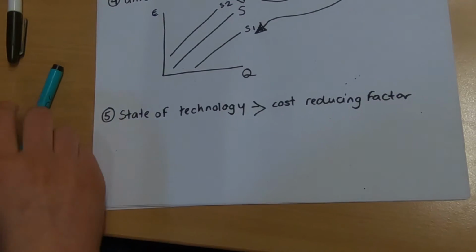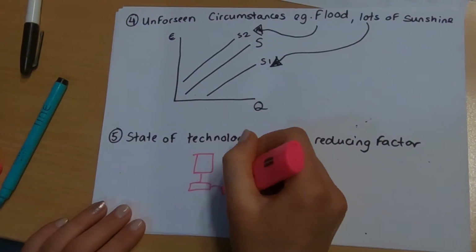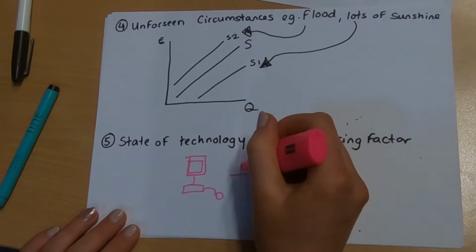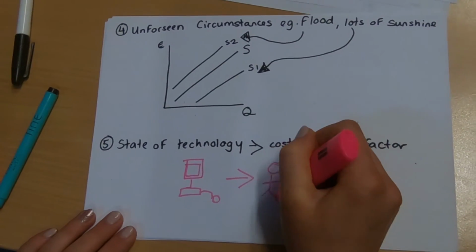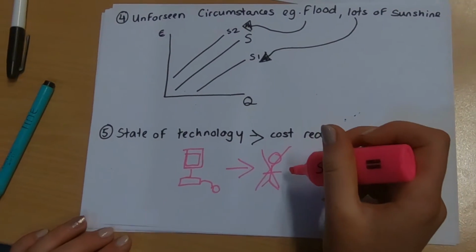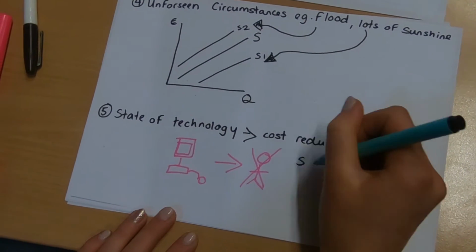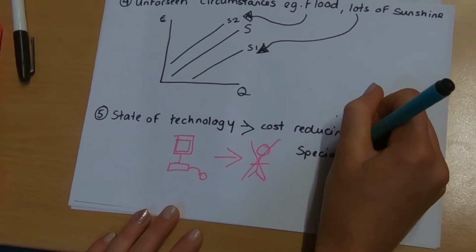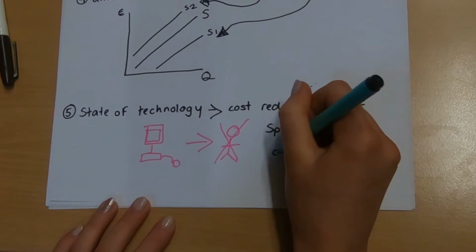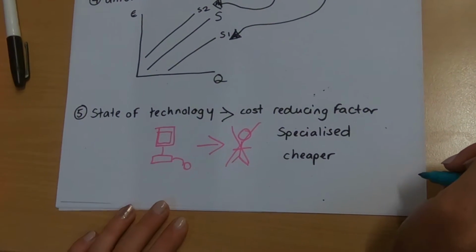And technology nowadays can be used to replace human labour in some circumstances. This means that we no longer have to pay employees for jobs that technology can now do, and labour is becoming more specialised. This means that it's becoming cheaper for firms to produce goods and services.